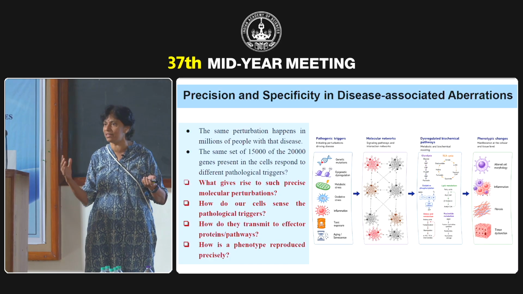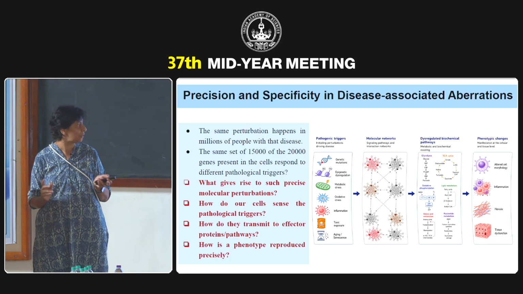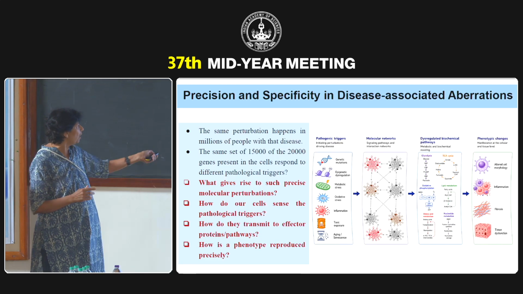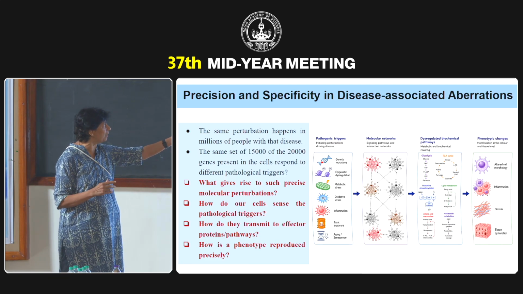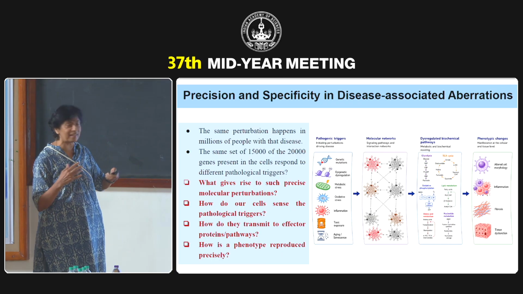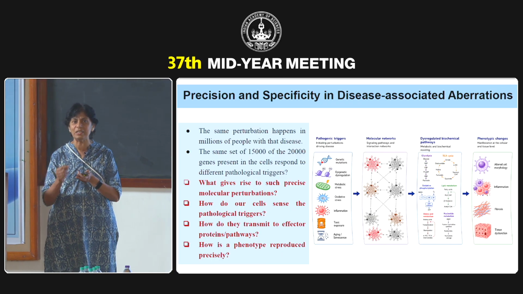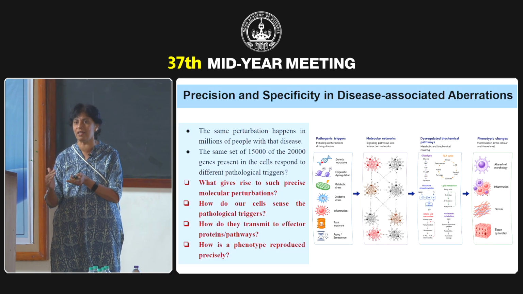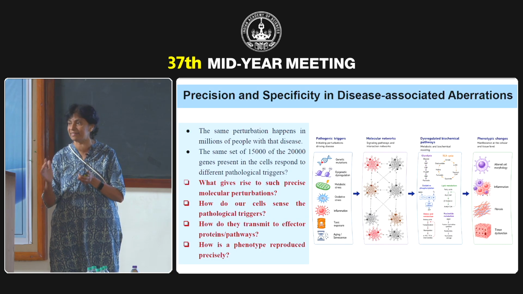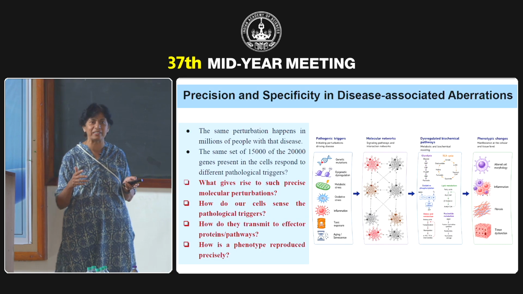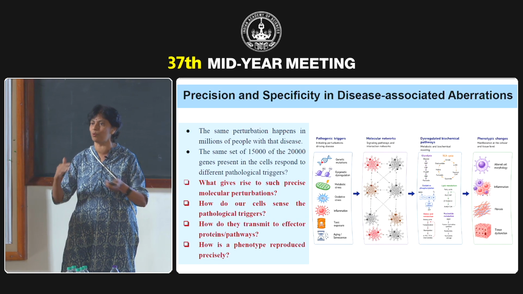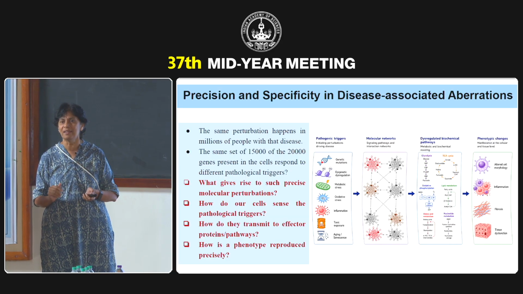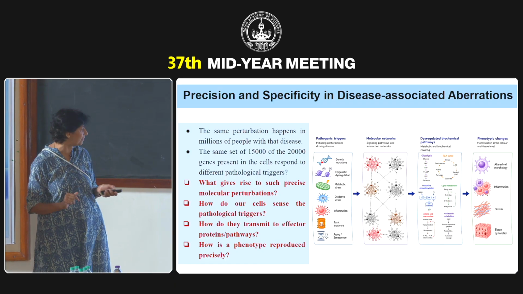The same set of 15,000 to 20,000 genes present in the cells responds to these triggers, and each person who sees a trigger responds to it in a very similar way, which is why we can recognize a disease as a disease. Of course, there's heterogeneity within that, and there are subgroups, and that's where precision medicine comes in. But nevertheless, you can recognize diabetes as diabetes and cancer as cancer.